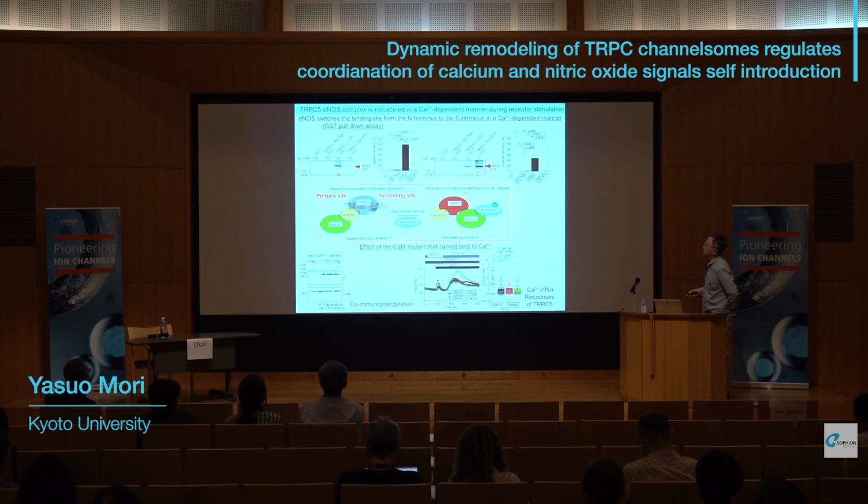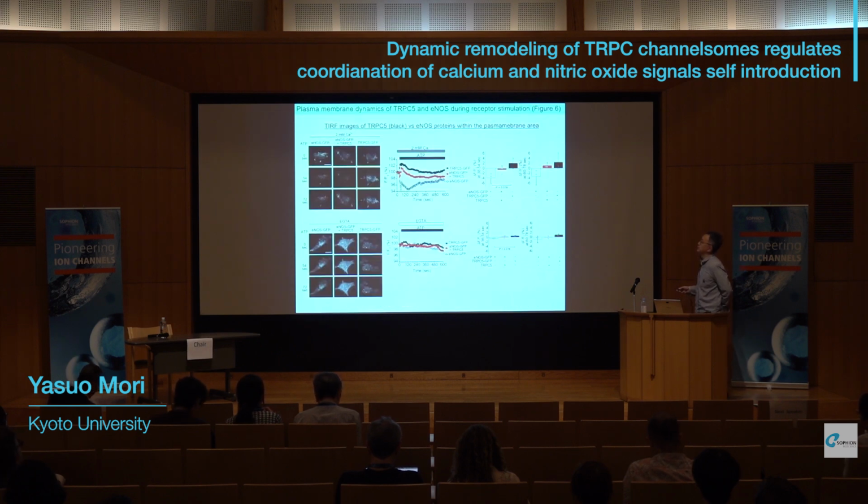So before vasodilator stimulation in endothelial cells, TRPC5 was very likely interacting with caveolin-1, but the interaction between TRPC5 and eNOS was very likely indirect. But after vasodilator stimulation, probably due to the formation of the calcium-calmodulin complex, which knocks off caveolin binding of eNOS, eNOS now shifted toward the C-terminal region of TRPC5 to show direct interaction.